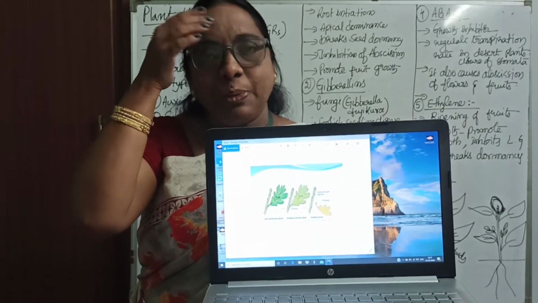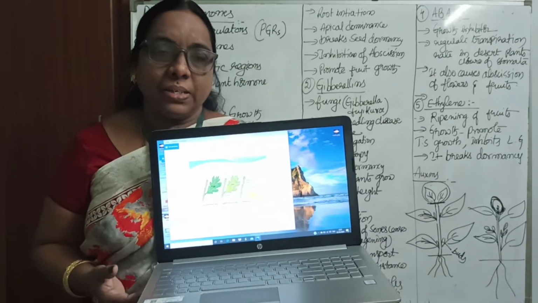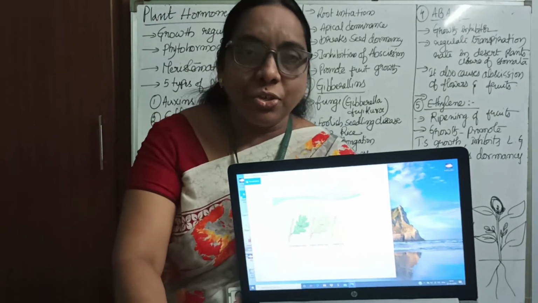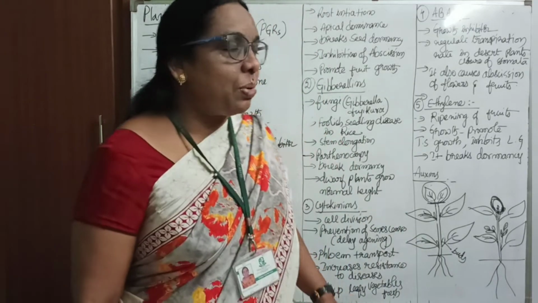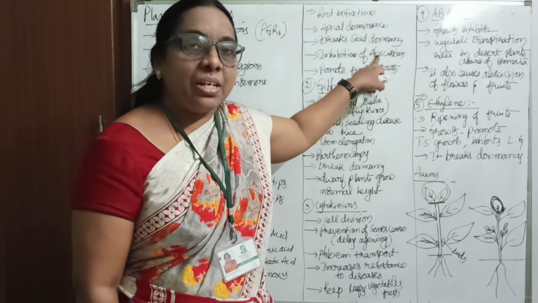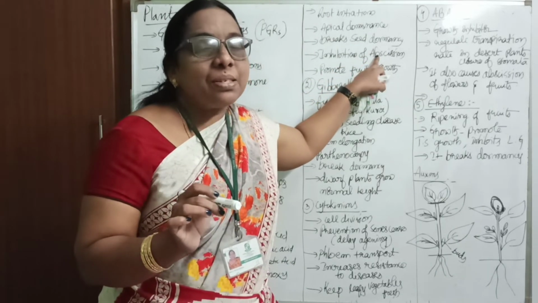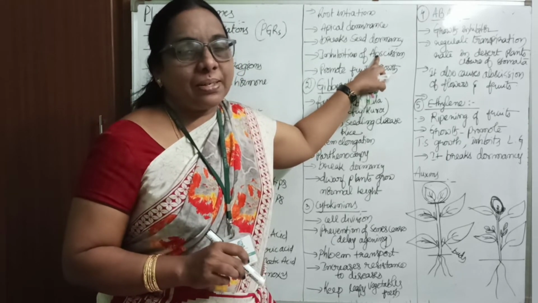The plant cannot participate in photosynthesis. Ultimately, all the activities of the plant are reduced, and the yield will be less. So these auxins prevent abscission. Early detachment of the leaves is controlled with the help of these auxins.